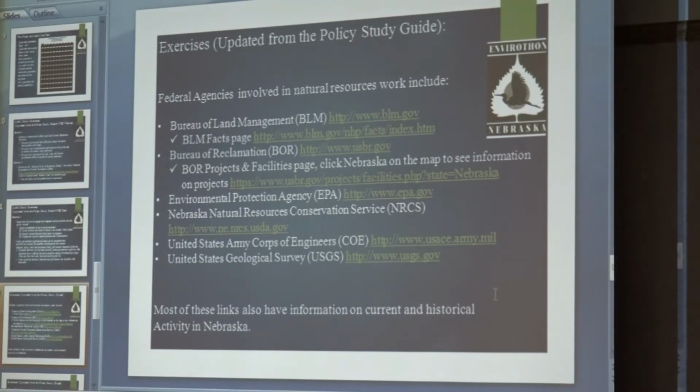The agencies included Bureau of Land Management, and they do have a facts page, which does include good information. Bureau of Reclamation, same thing. They also have a projects page, which they can click around Nebraska and you see the different projects that they have done. The EPA, of course, the NRCS, Corps of Engineers, and of course the USGS.